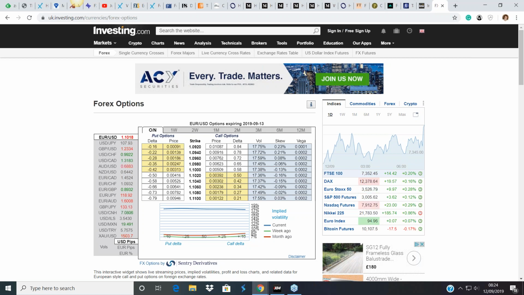So if the euro dollar is the pair that you like to trade, hopping over and seeing what the overnight implied volatility number is can give you a sense of whether there's going to be some movement in it, because euro dollar can be very frustrating, as often it can trade in a very, very narrow range.